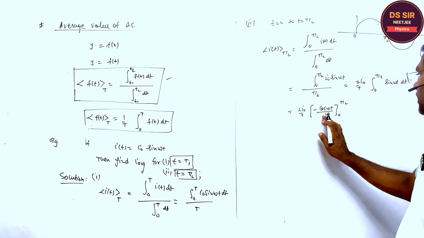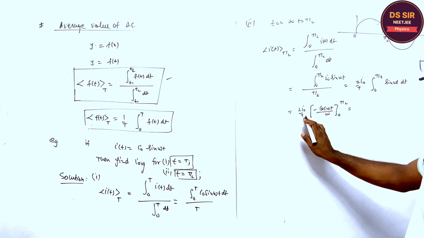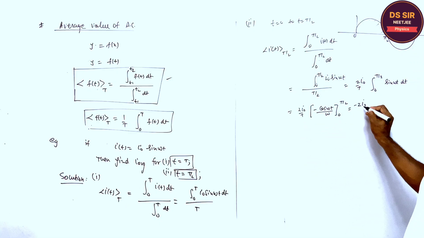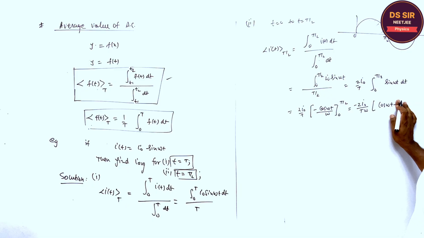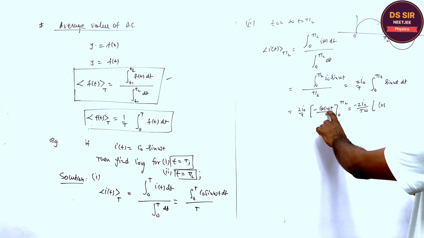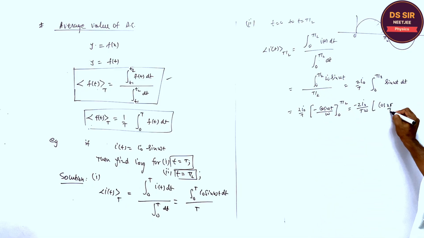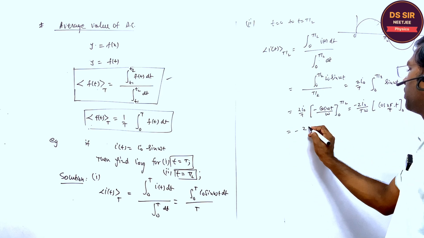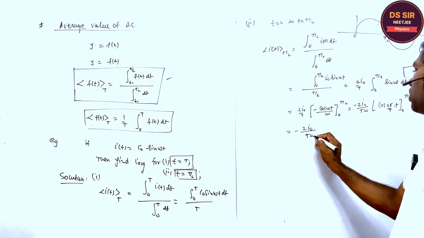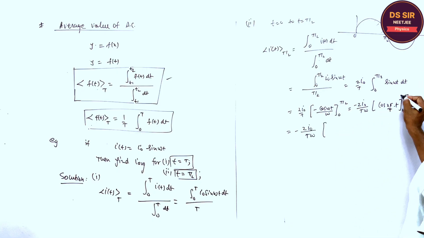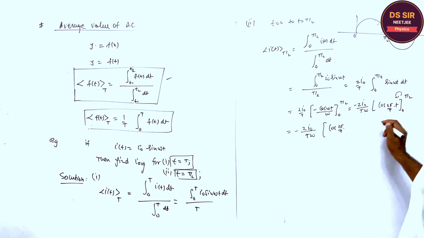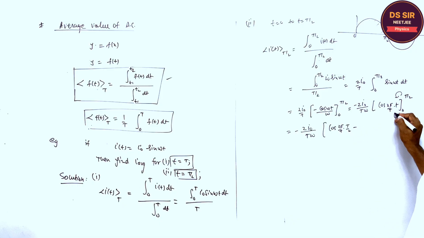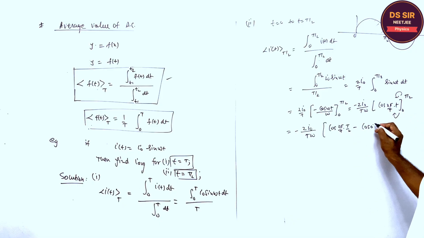Are you getting it? So now you can put the value of the limits: minus 2 I0 upon T omega, cos omega t, where omega is 2 pi by T, from 0 to T by 2. Now I will put the upper limit, cos of 2 pi by T times T by 2, minus the lower limit, cos 0.